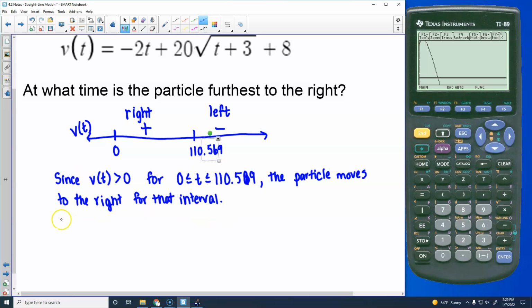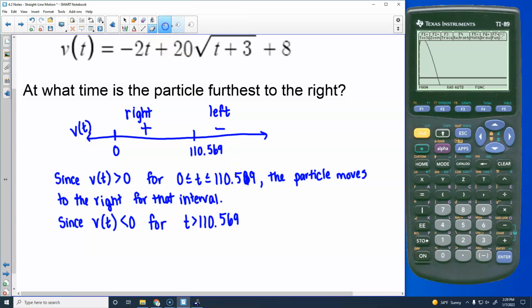And then we would also say since v of t is less than 0 for, I'm just going to put t is greater than 110.569. I guess really right here I probably should not have an or equal to, because it equals 0 at that point.